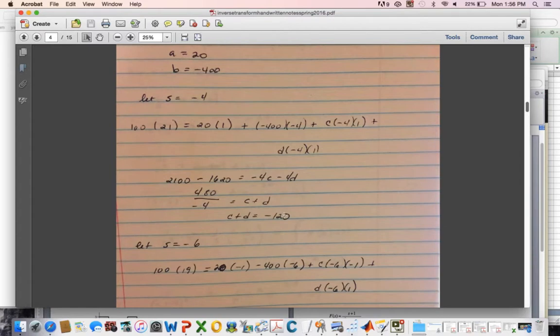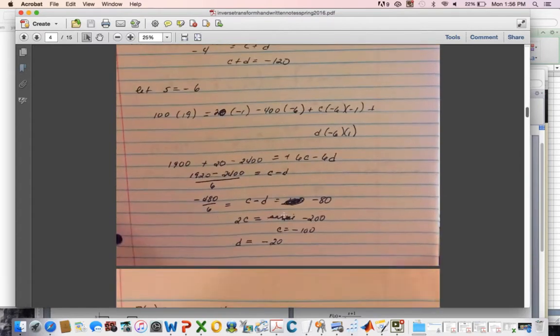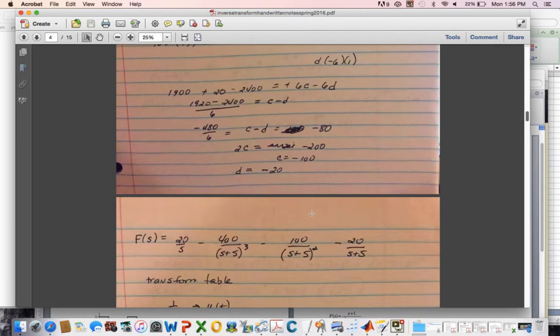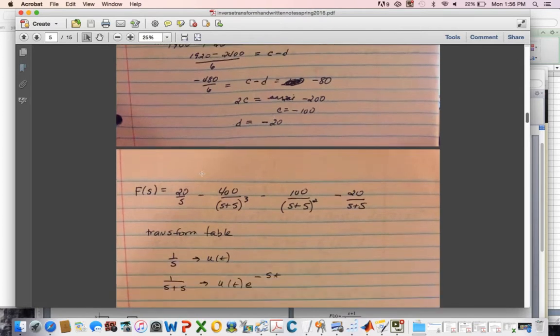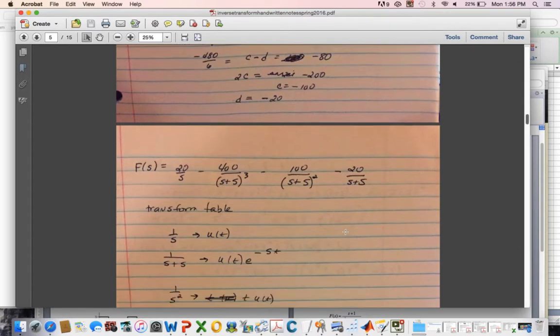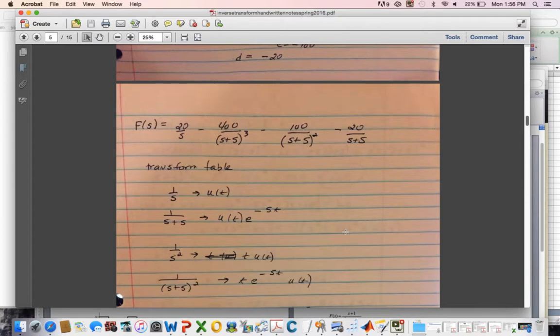You'll get this equation, c plus d is -120. You'll get another equation, c minus d is -80, so you can solve for c, which is -100, and d, which is -20. So plugging in, we have a numerator now for each of these terms. Turns out none of them were 0.